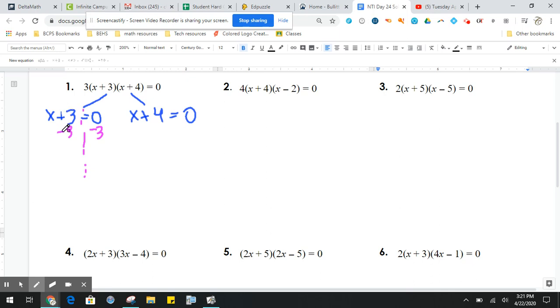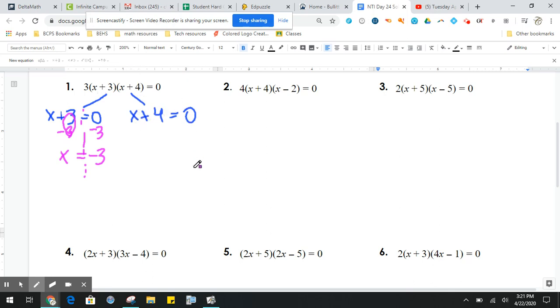On this side, 3 minus 3 is 0. So x plus 0 is x. And on the other side of the equal sign, 0 minus 3 is negative 3. So negative 3 is one of my things that I could put in the place of x right here, and that would make this part 0. Let's talk about the other parentheses.